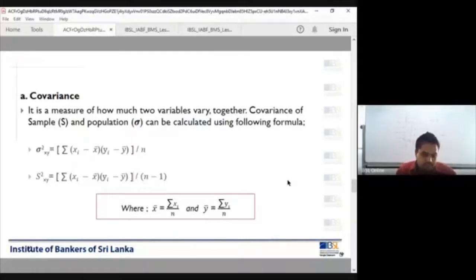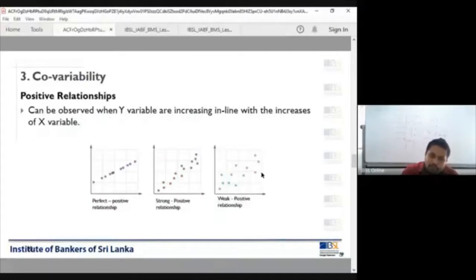You may see the practical applications of the mean and the coefficient of variance in a little while when we are doing the calculations, and you may feel the applicability of these values, what they tell you, and how to make decisions when you look at 1 or 2 examples which we are going to do in a while. So this is the first measure that we are going to learn under covariance, covariability.